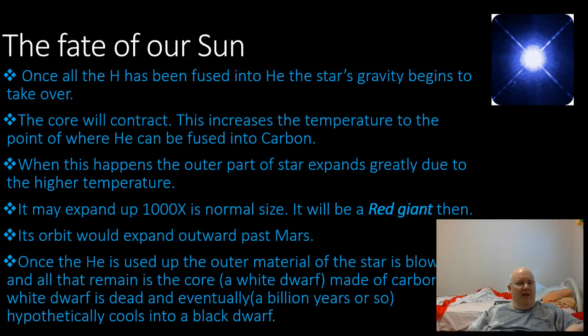Now, hypothetically, it will cool into what they're calling a black dwarf, but so far they've not found any black dwarfs in the galaxy. They have found white dwarfs that are as cool as 3,000 Kelvin and continue to cool, but right now the universe is not old enough to where they actually have found evidence of black dwarf stars, but they're getting there, so that's why it's called hypothetical.